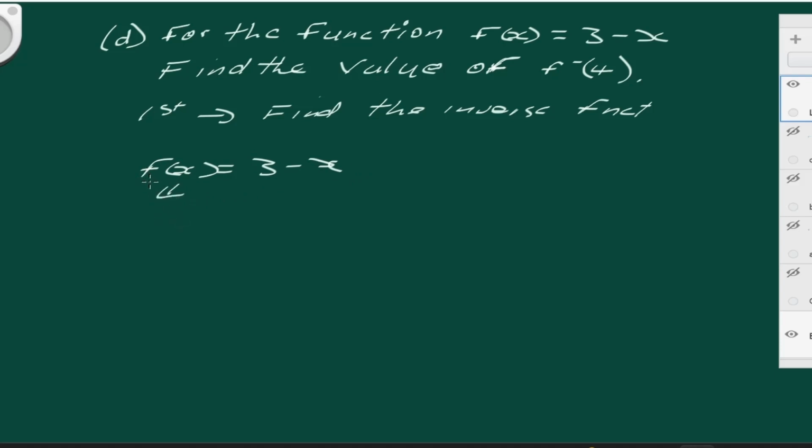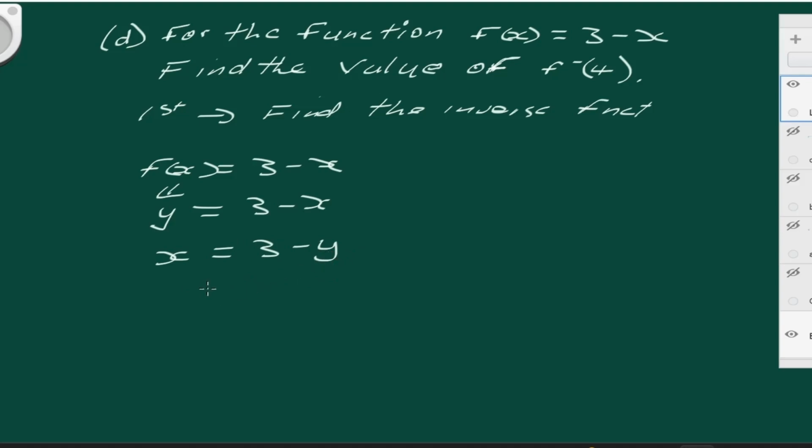So we're going to let f of x be y equals 3 minus x. After that, we're going to interchange x and y. After having interchanged x and y, we want to make y the subject of the formula.